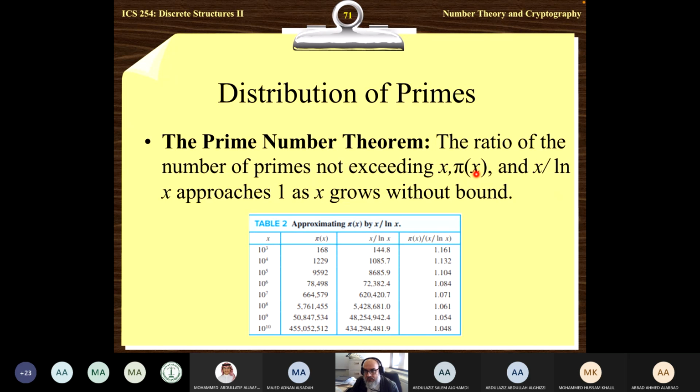The prime number theorem says the following: the ratio of the number of primes not exceeding x, which is denoted by pi x, and x divided by the natural logarithm of x, or x over ln x, approaches 1 as x grows without bound. Read this for 1 minute, and then I need somebody to explain.